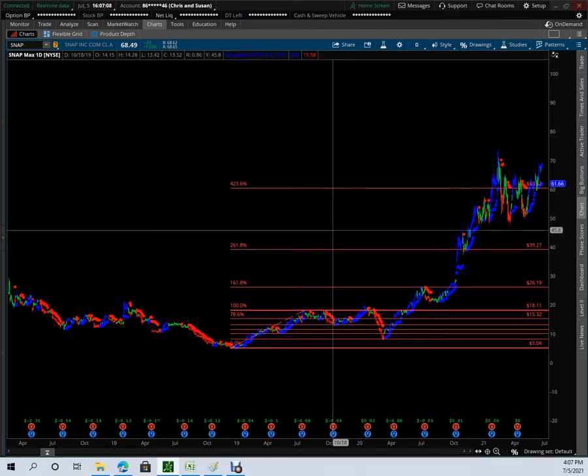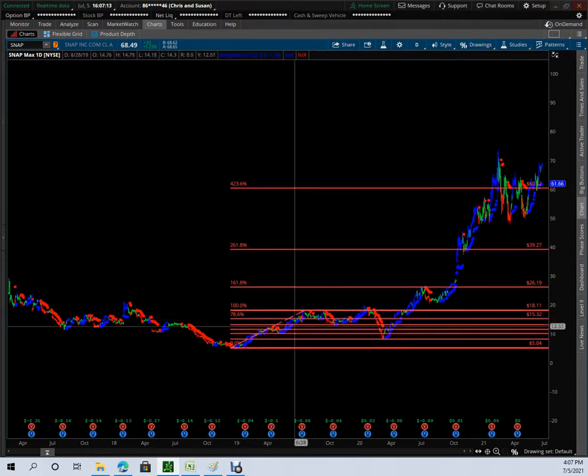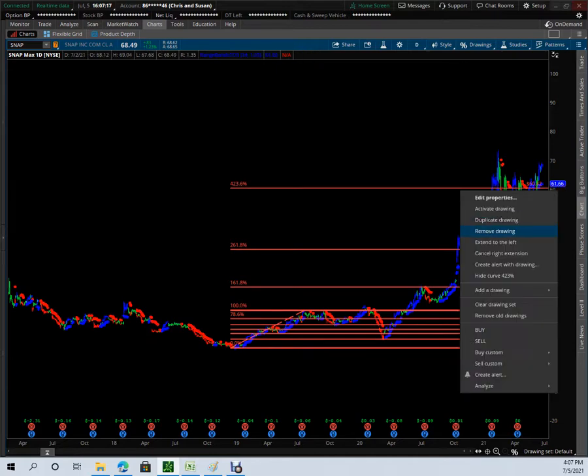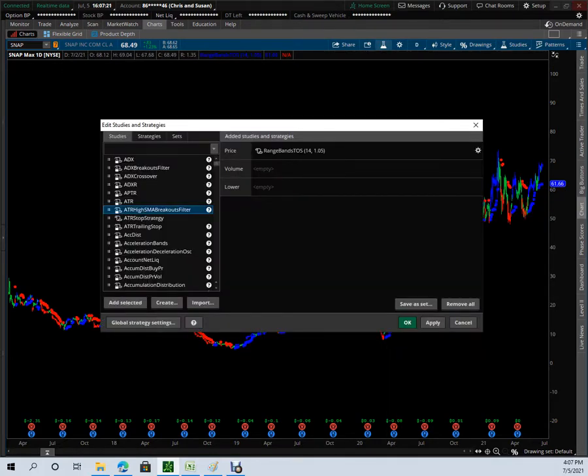So what FibLines essentially does is take these observations, take this initial 100% value, and embed it in an indicator. When it gets applied to the chart, let me remove this drawing right here, and the FibLines indicator, you will notice that those lines are drawn for you automatically.